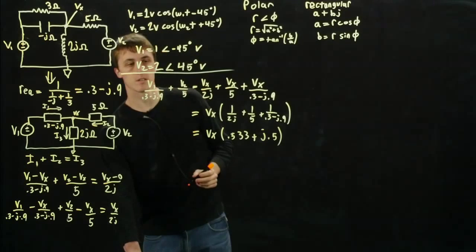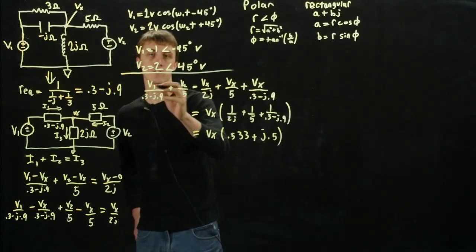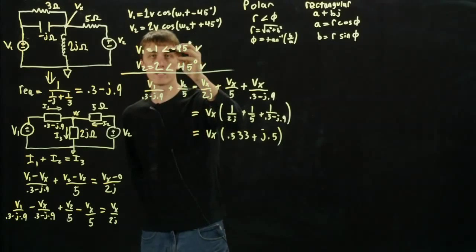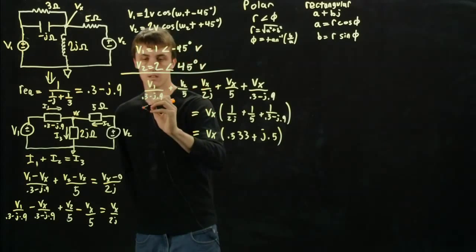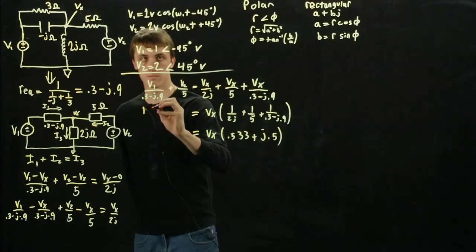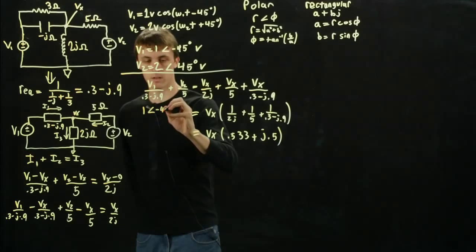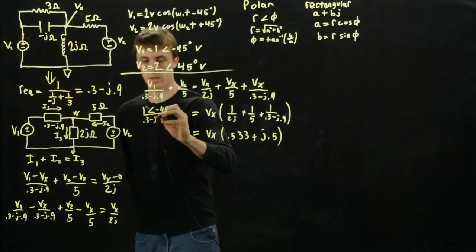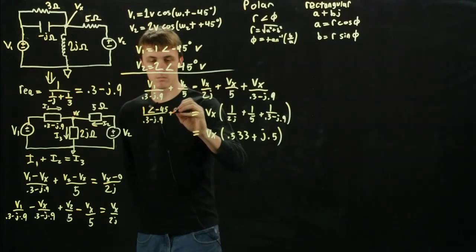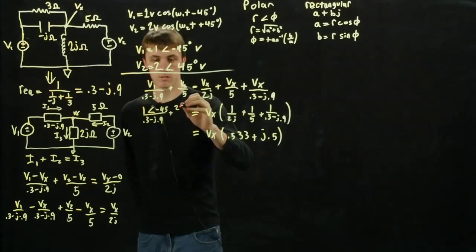And on this other side, we will plug in for V1 and V2. Right now we have phasor voltages, so I'll write them as such: 1 angle negative 45, all over 0.3 minus j 0.9, plus 2 angle 45 all over 5.